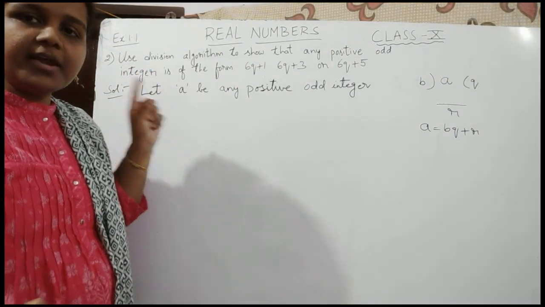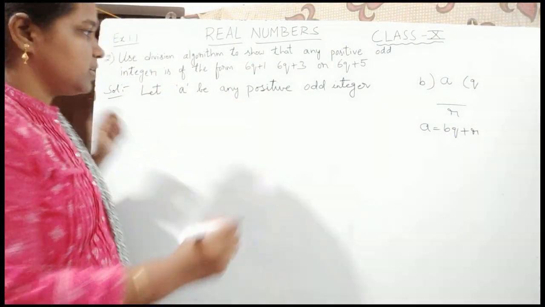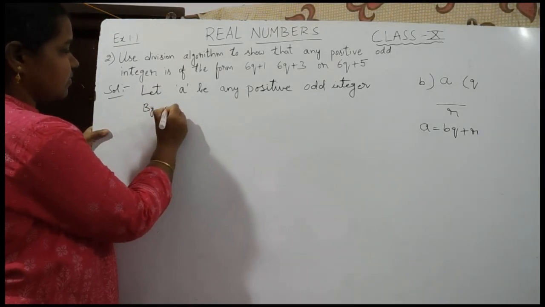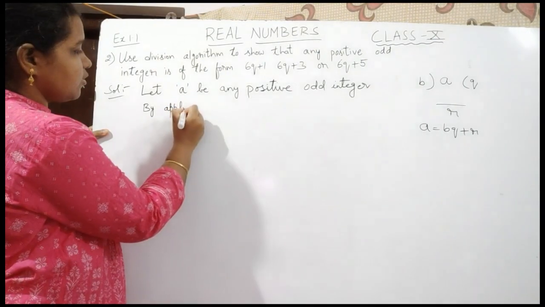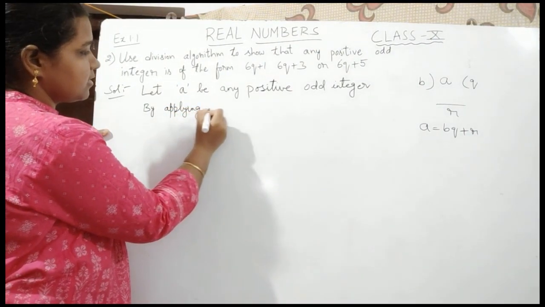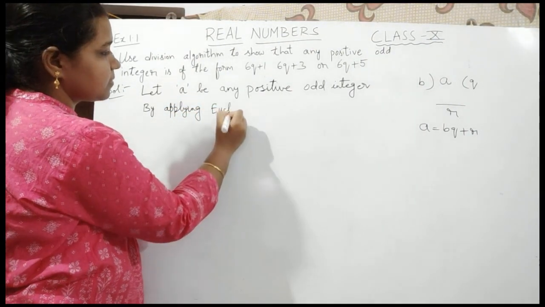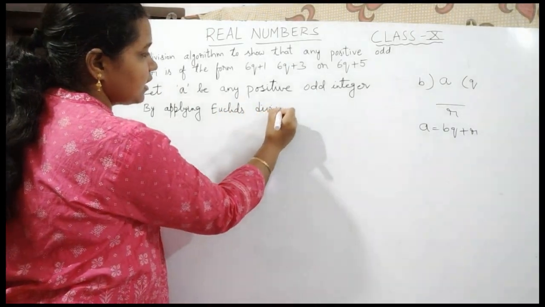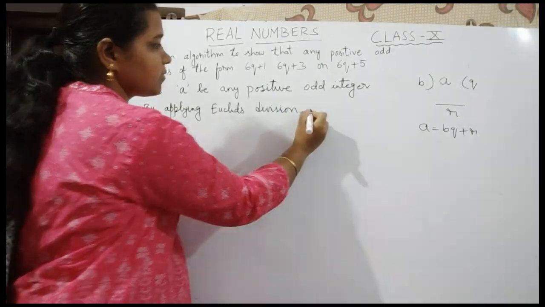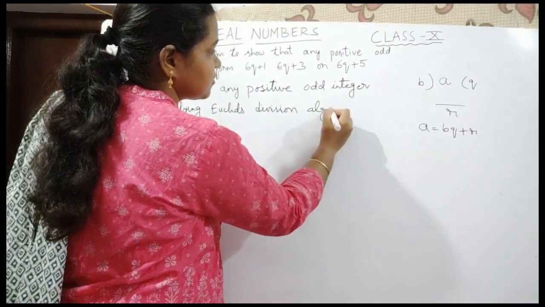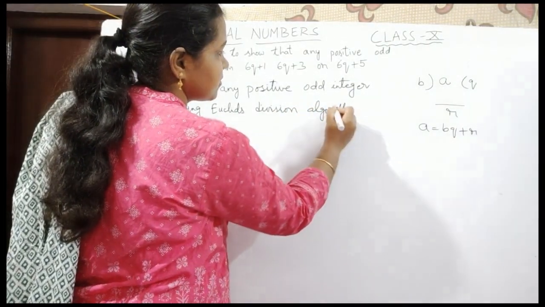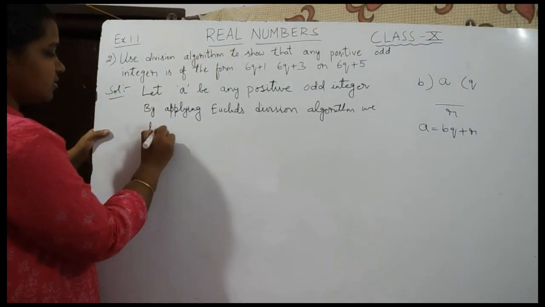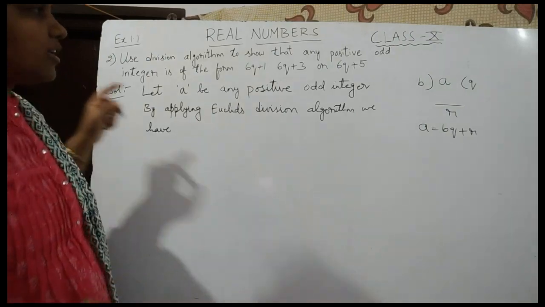Then we have to apply division algorithm lemma. So by applying Euclid's division algorithm, we have, what is b?